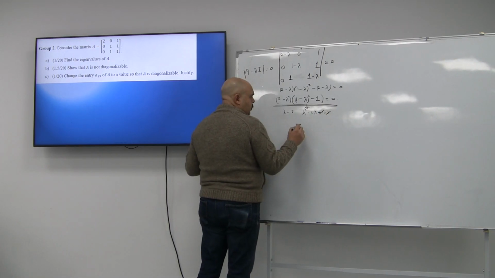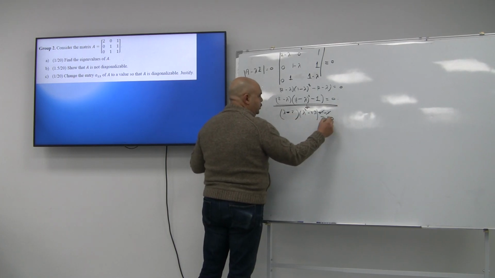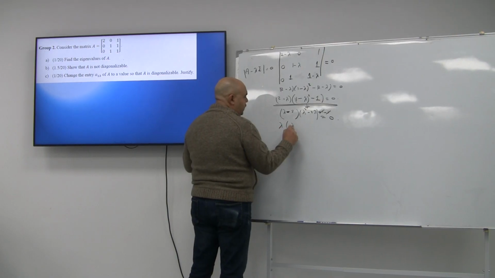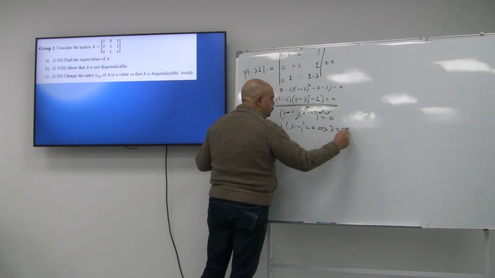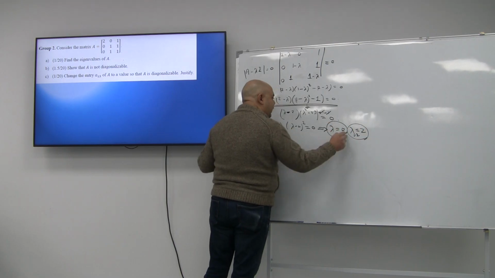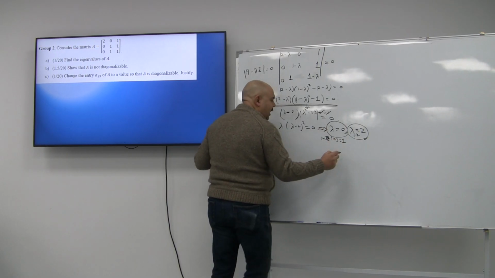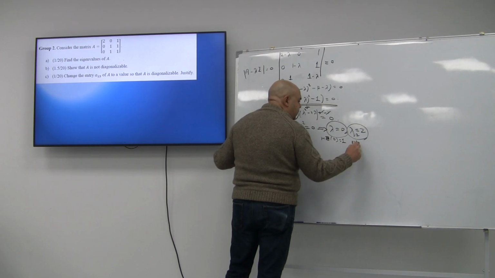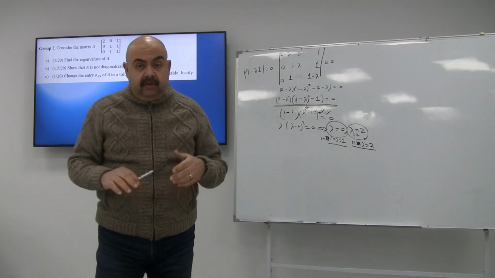So I will have lambda times lambda minus 2 equal to 0, which leaves me with lambda minus 2 to the power of 2 equal to 0. And this means lambda equals 0 and lambda equals 2, repeated 2 times, which means the algebraic multiplicity of 0 is going to be 1, and the algebraic multiplicity of 2 is going to equal 2. This is the details of evaluation of the eigenvalues, if you remember.